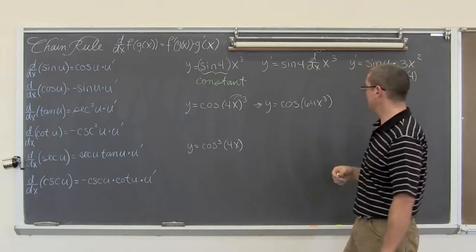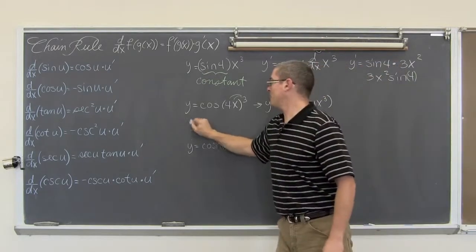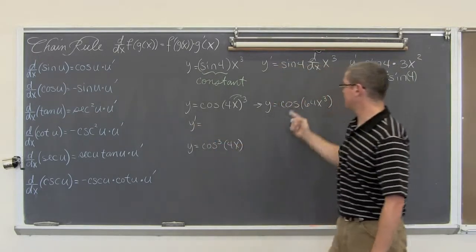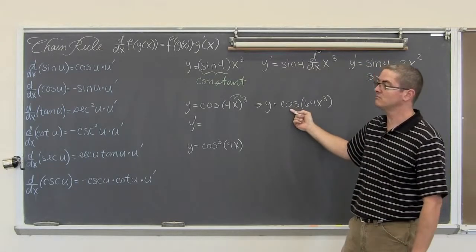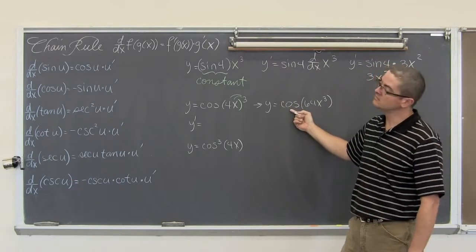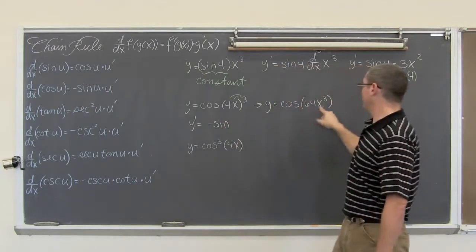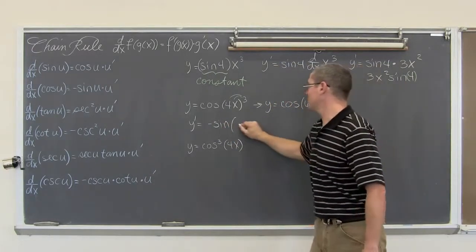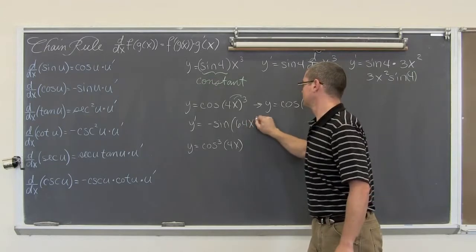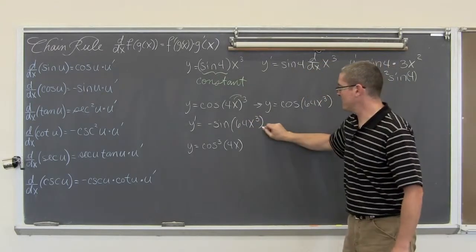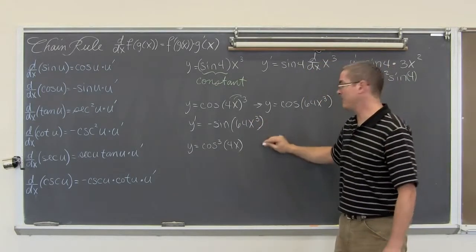Now we're going to find the derivative, and y prime is equal to the derivative of cosine, which is negative sine of 64x cubed times the derivative of the inside function.